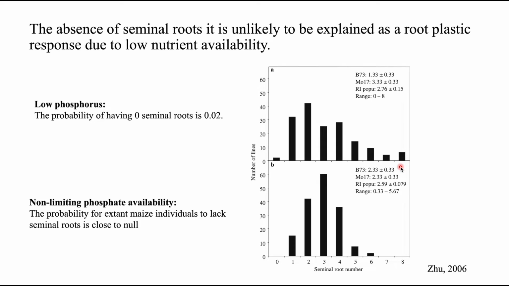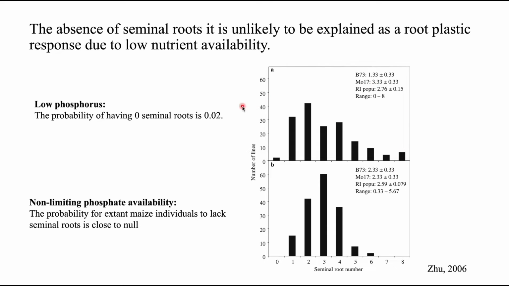What he observed was that under non-limiting phosphorus availability, the range of the number of seminal roots was between 1 and 6. But when he applied phosphorus stress, the range increased, and some lines of maize developed 0 seminal roots, and others developed up to 8.